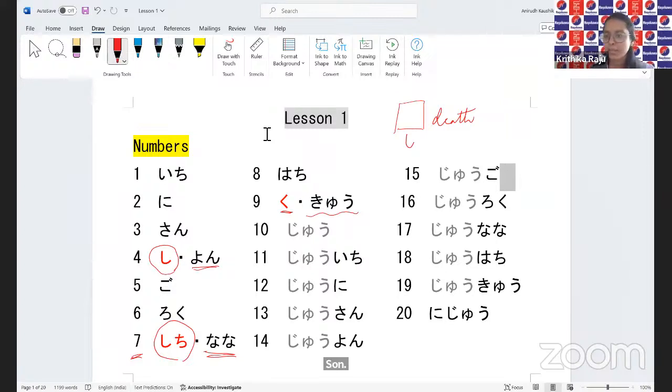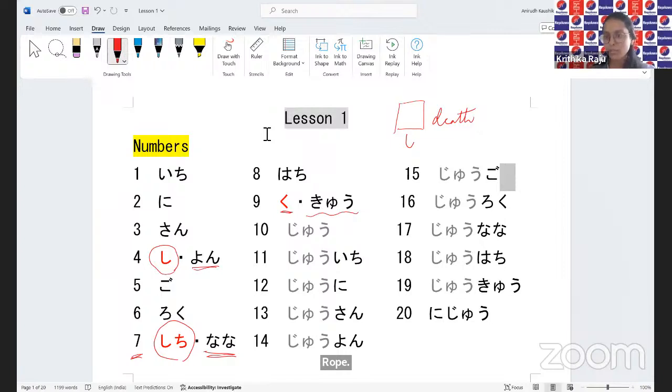Close your eyes and say it maybe. Okay, let's try, as much as you can. Number 1. Ichi. San. Yon. Go. Roku. Hachi. Ju. Very good.